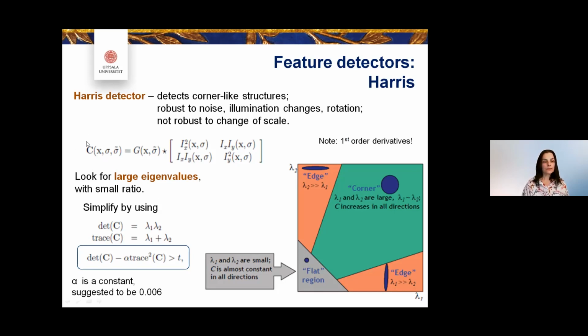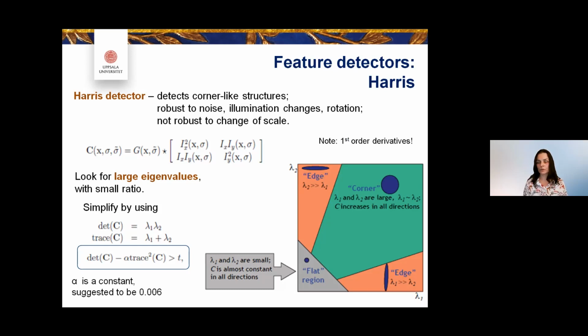And then what is needed is eigenvalue analysis of this matrix. So we are looking for eigenvalues of this matrix and looking for points where eigenvalues are both large and quite similar in size.